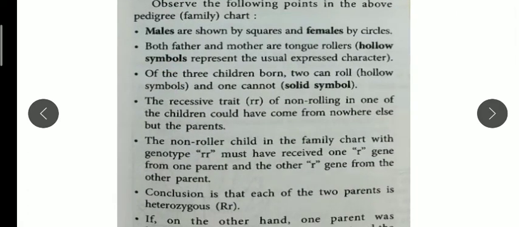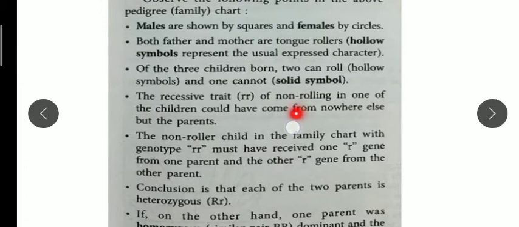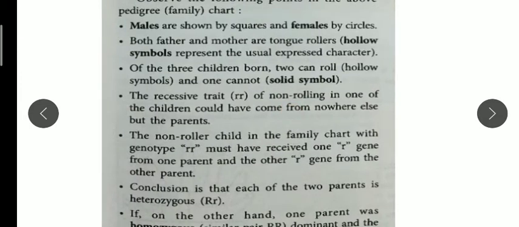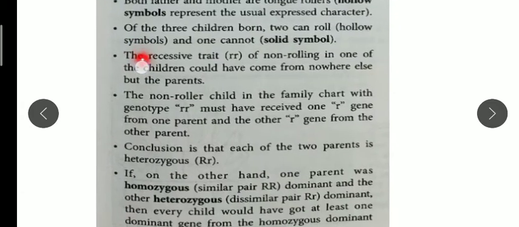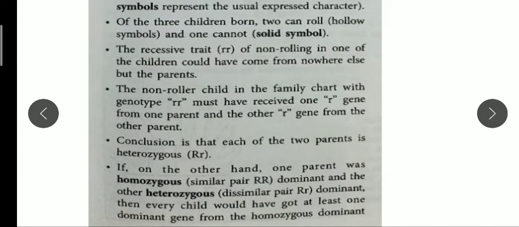Now the recessive trait of non-rolling in one of the children could have come from nowhere else but the parents. As you know, that character also comes through heredity, from the forefathers.